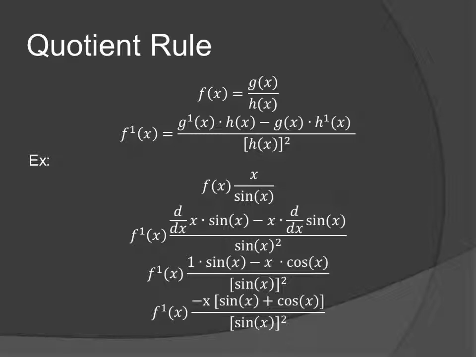The derivative of x is 1, times you bring down the sine x, minus you bring down the x, times the derivative of sine, which is cosine x, and then it's still all over sine x squared. So the derivative of this function is negative x sine of x plus cosine of x, all divided by sine of x squared.